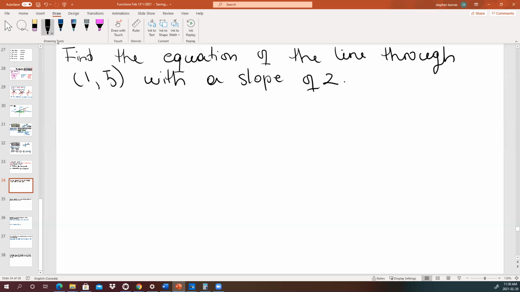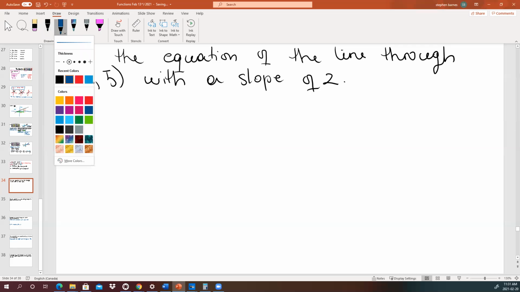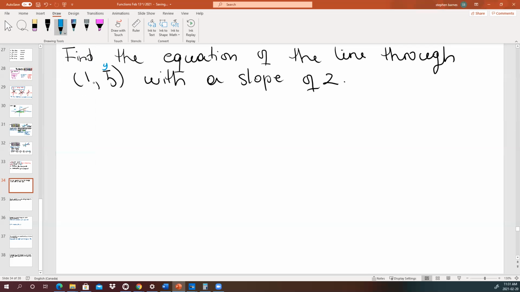Since we have the gradient, which is 2, we can then go ahead and work out what C is, because we also have one of the points. We also have an X value here. Let me just drop it in. Based on this point, this is our y value, and that's our x value. Do we all agree? Yes, miss. Because the X comes first. All right, great.